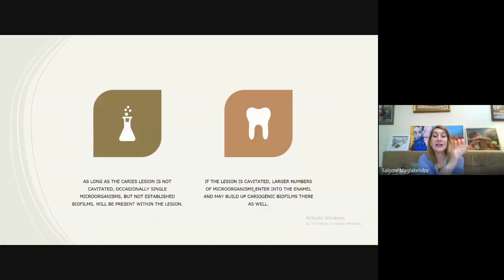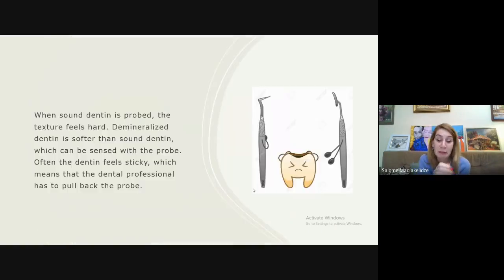And if the lesion is cavitated, a large number of microorganisms enter and may build a cariogenic biofilm there as well. So if we have a cavitated lesion, you should know the progression will be faster because you already have microorganisms and the biofilm there that will contribute to further growth and deepening of the caries.